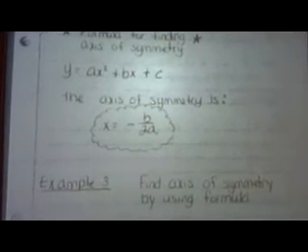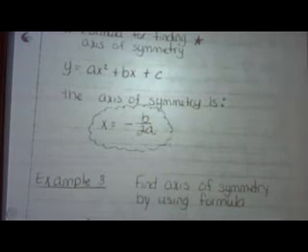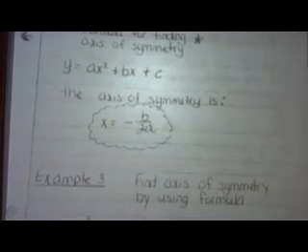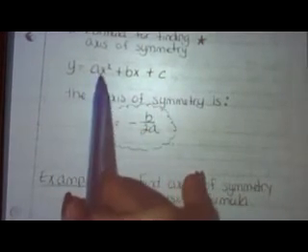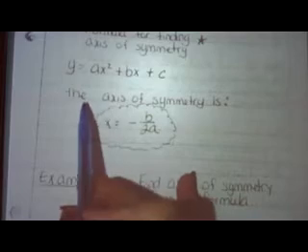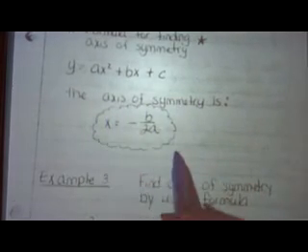There's also a formula for finding the axis of symmetry. You don't always have to use the zeros because sometimes there isn't a zero. So therefore we need to know how to find that axis of symmetry. Well, here's the function form, y equals ax squared plus bx plus c. The formula for finding the axis of symmetry is right here.